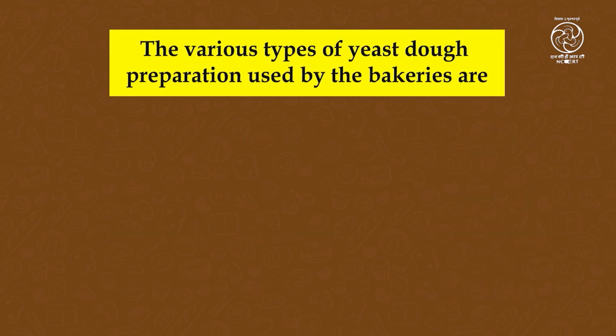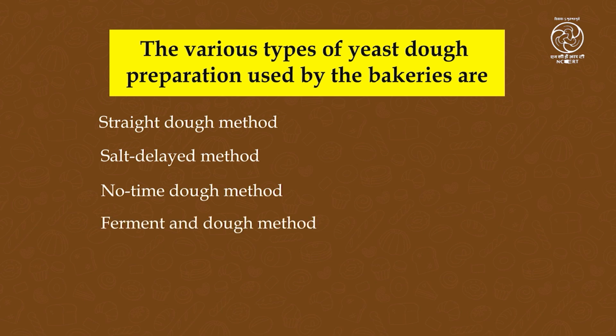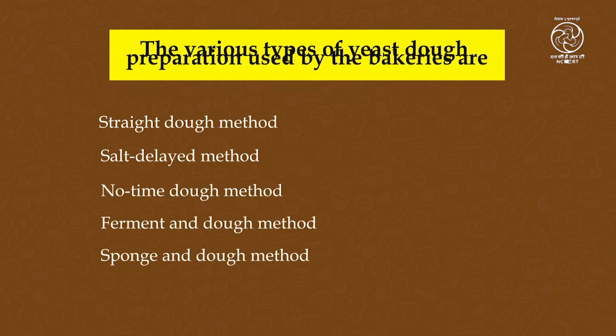The various types of yeast dough preparation used by the bakeries are straight dough method, salt delay method, no time dough method, ferment and dough method, and sponge and dough method.